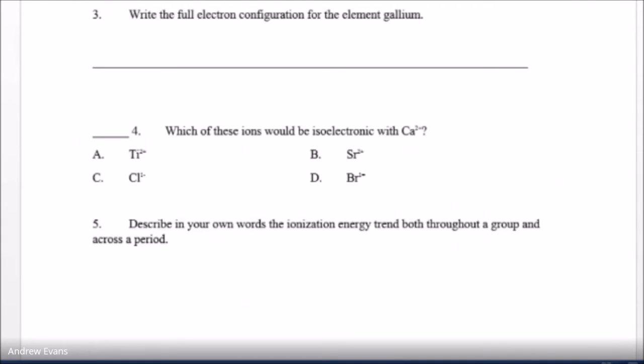As we go across the table, the ionization energy increases because of the increasing Z effective and the decreasing size. As we go down the table, ionization energy decreases because the size greatly increases, making it easier to remove the electrons.